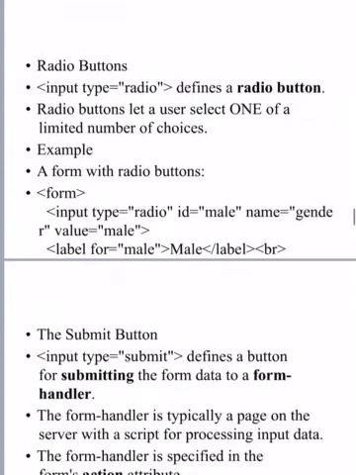Here is an example of how to use a radio button: input type is equal to radio, id is equal to male, name is equal to gender, value is equal to male, label for is equal to male, slash label, br. When we write this, we'll get a circle followed by male as the text.